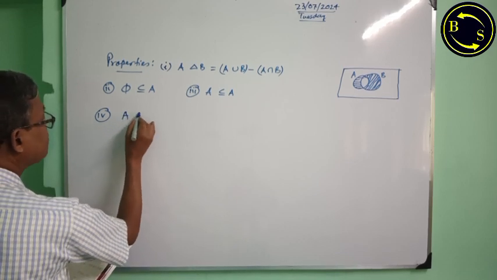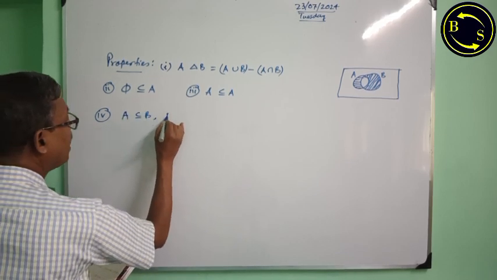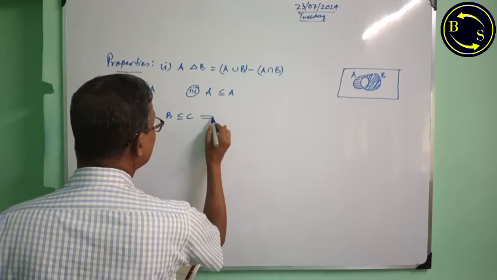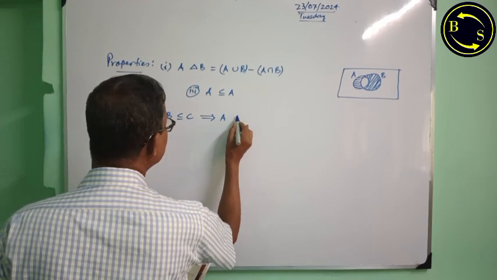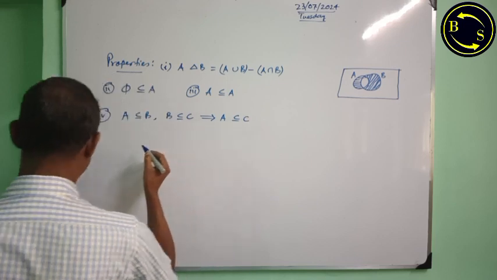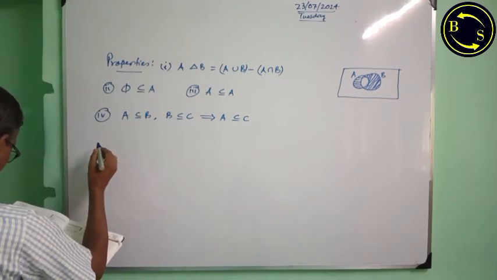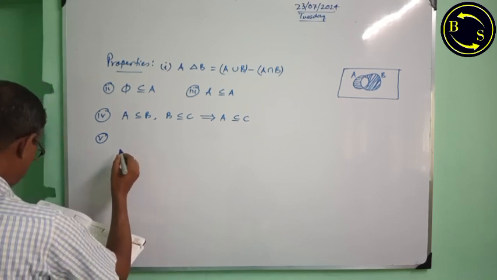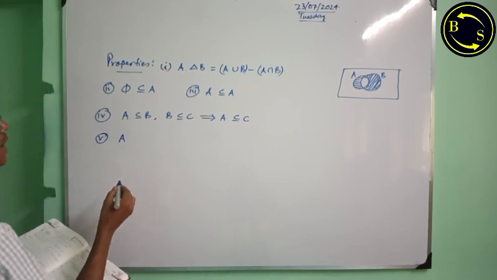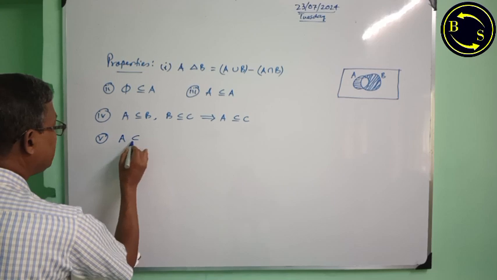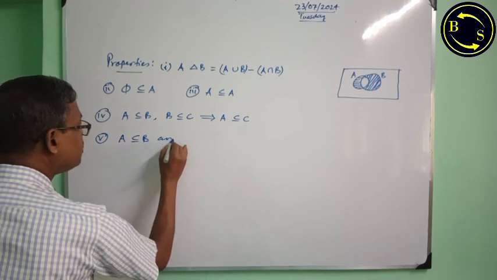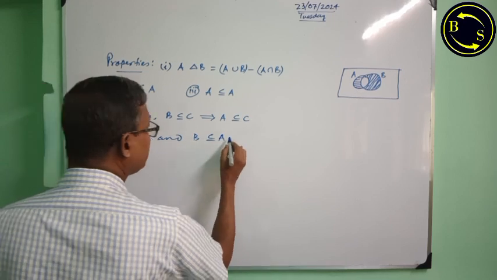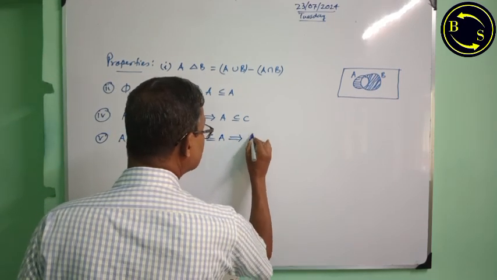If A is subset of B and B is subset of C, then A is subset of C. And already I have stated earlier, if the two sets A and B are such that A is subset of B and B is subset of A, then the two sets are equal.